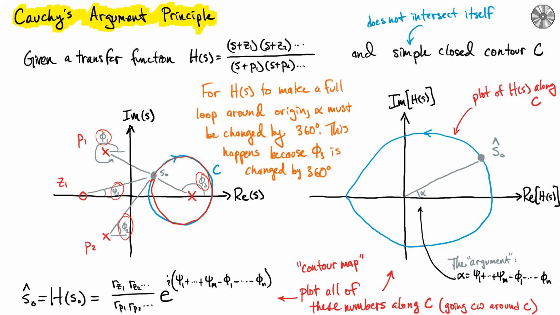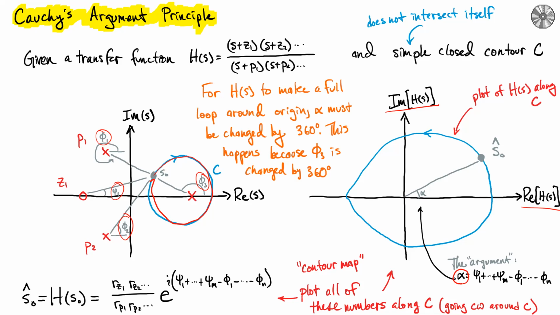And what this means is that the angle alpha, which is being traced in this plane, the imaginary value of h and the real value of h, experiences a 360 degree rotation. So previously, when there was no pole or zero inside the contour, then alpha didn't circle around the origin because it didn't make a 360 degree rotation.